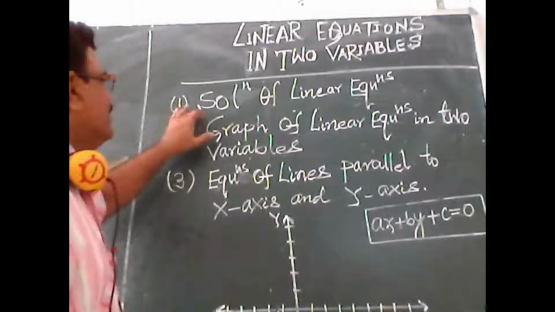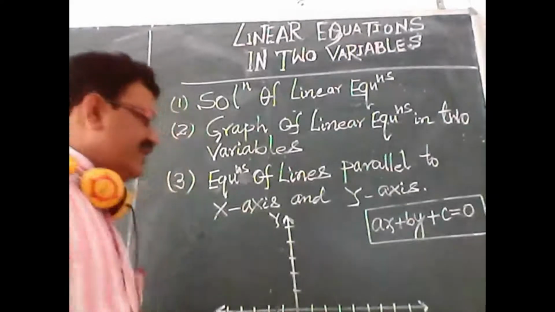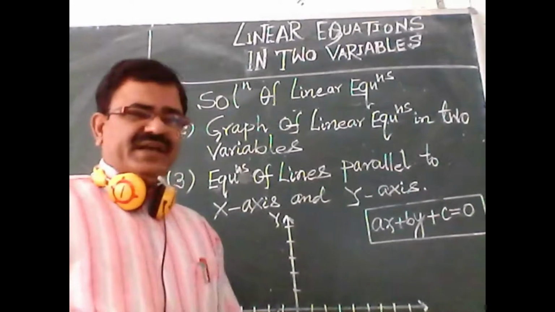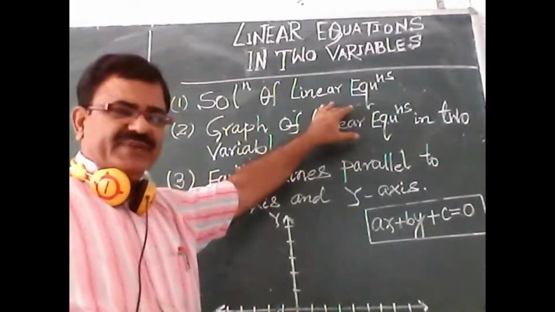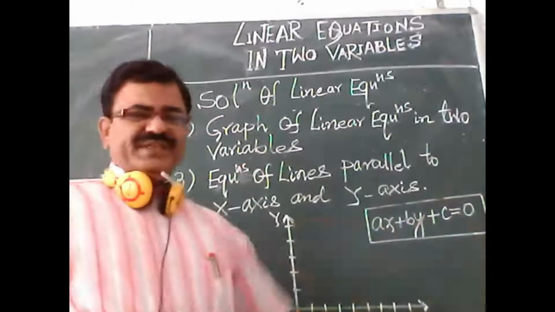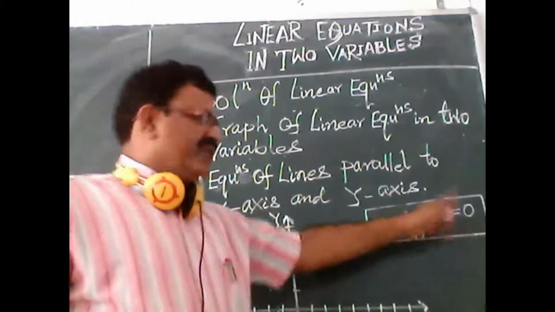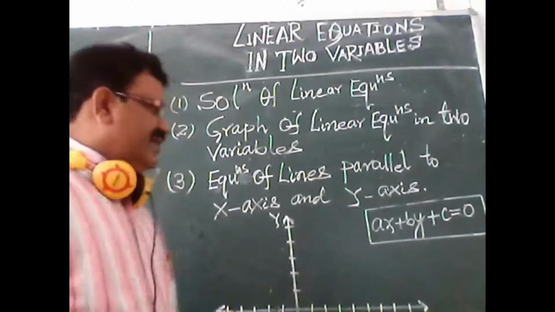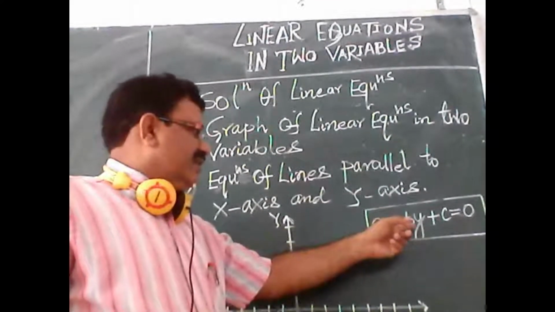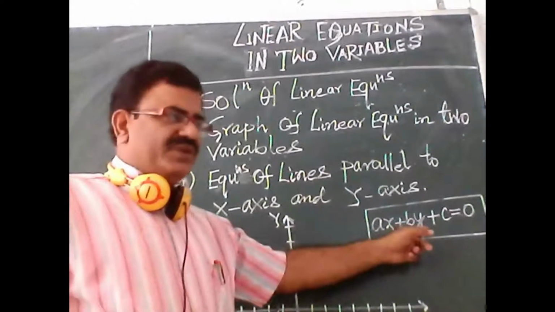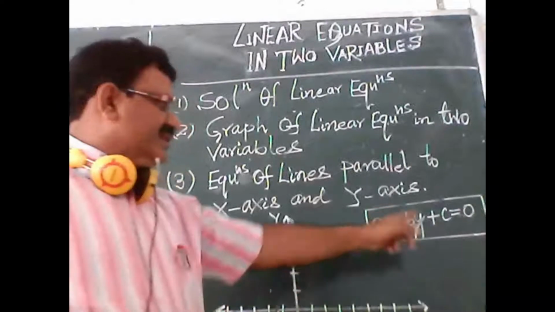Next, you see the solution of linear equations. The solution of a linear equation is very easy, and we can solve any linear equation by adopting this method. Suppose ax plus by is equal to c is the equation. What will you do? You will put in values of one variable and get the second variable step by step.